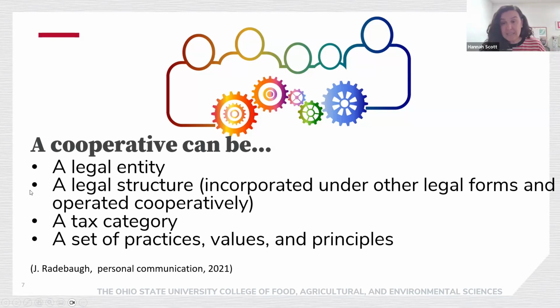In practice, a cooperative is almost always a set of practices, values, and principles, right? So it connects back to those cooperative principles that are shared across the globe and are kind of fostered by the International Cooperative Alliance. So I just share this as one way of approaching the cooperative conversation to point out that we might be approaching it from a lot of different perspectives, and all of those are valid.